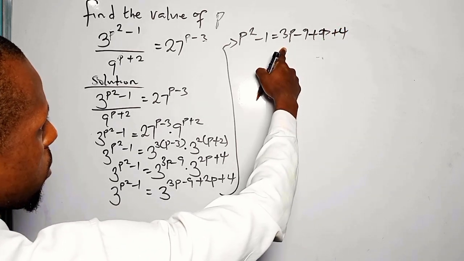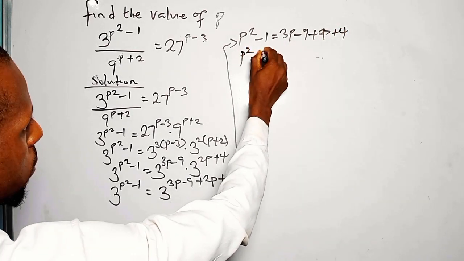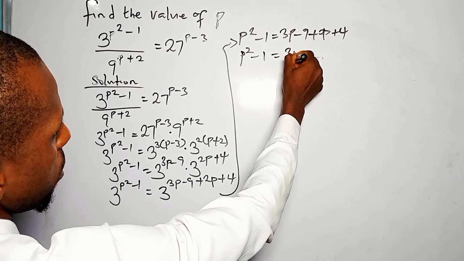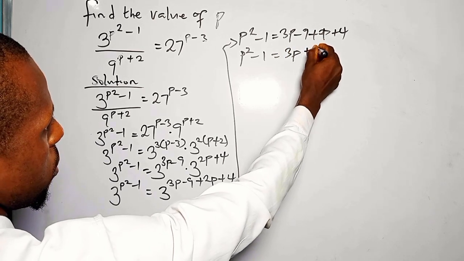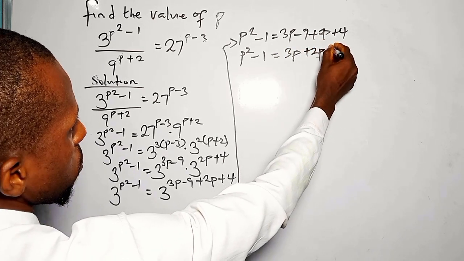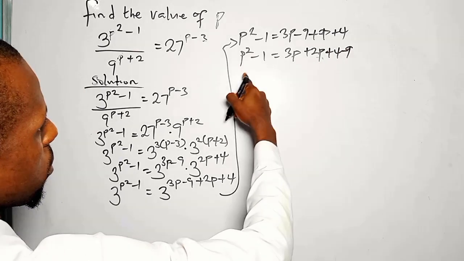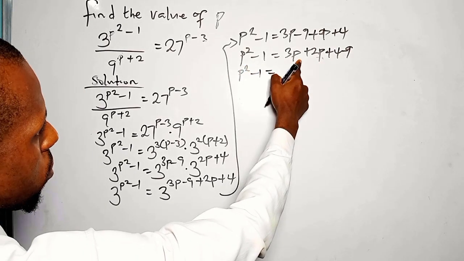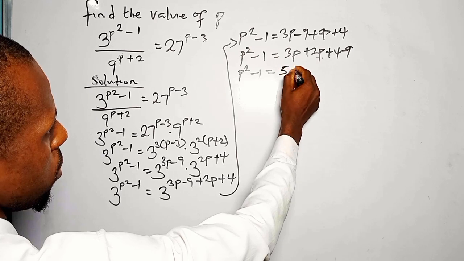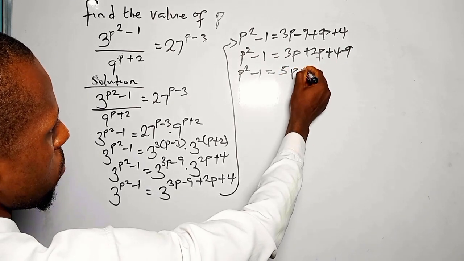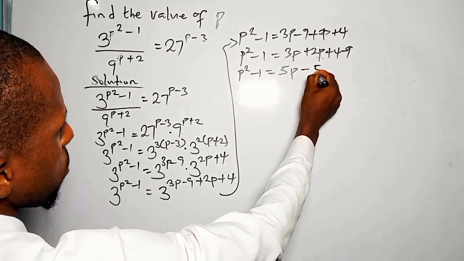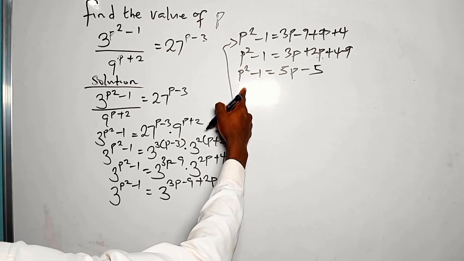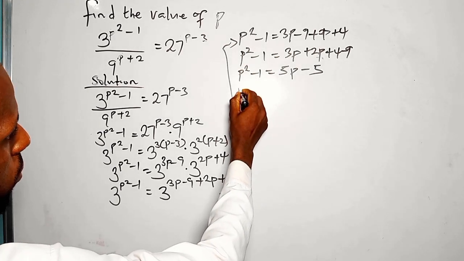We can collect the like terms here: p squared minus 1 equals 3p plus 2p, plus 4 minus 9. So we have p squared minus 1 equals 5p minus 5.